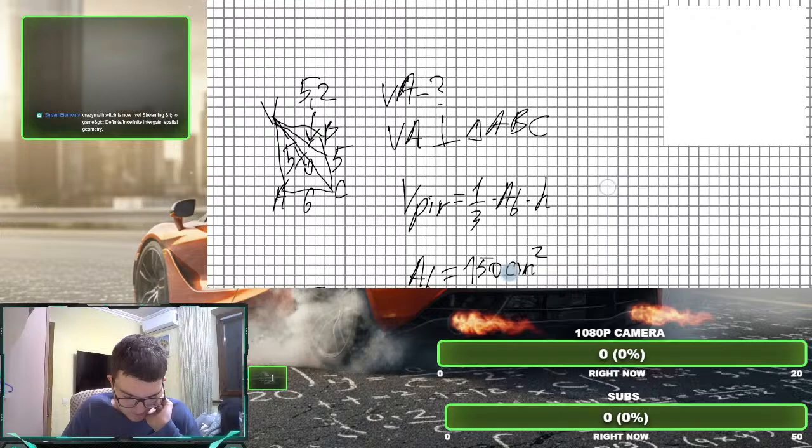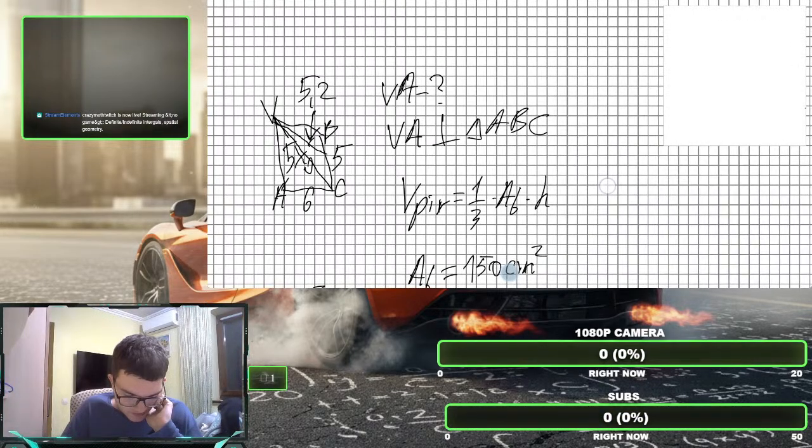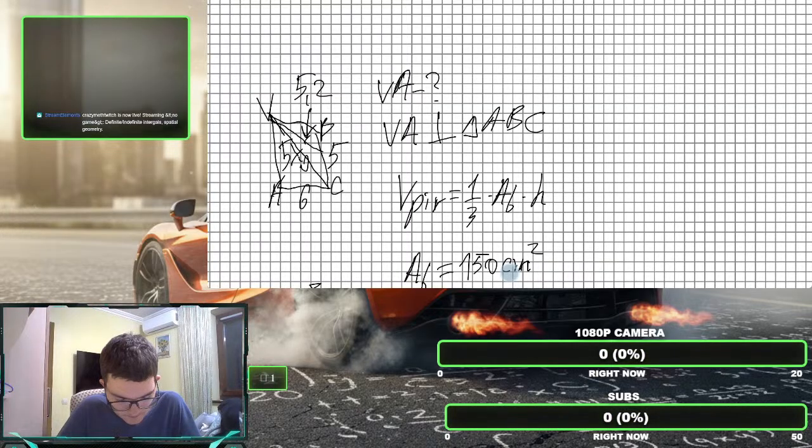Now there are some other formulas here, like the semi-perimeter is all of the sides divided by 2, and the area of the base triangle is equal to a formula.